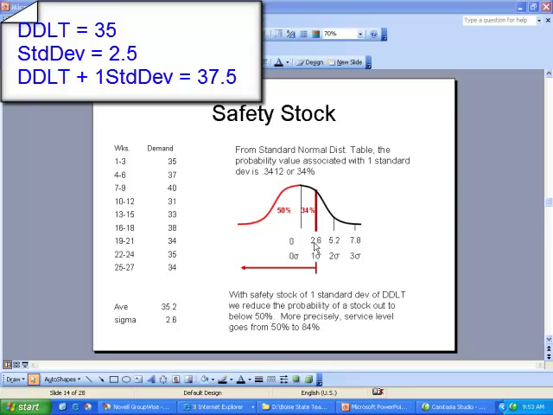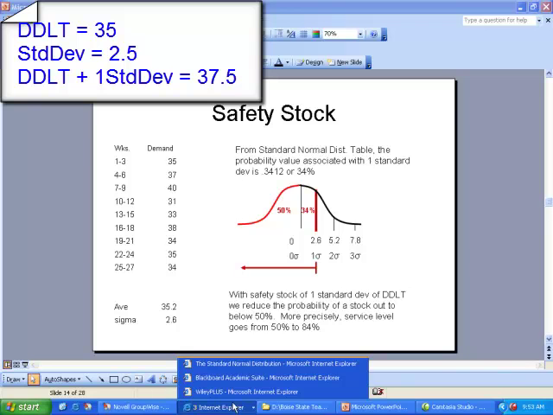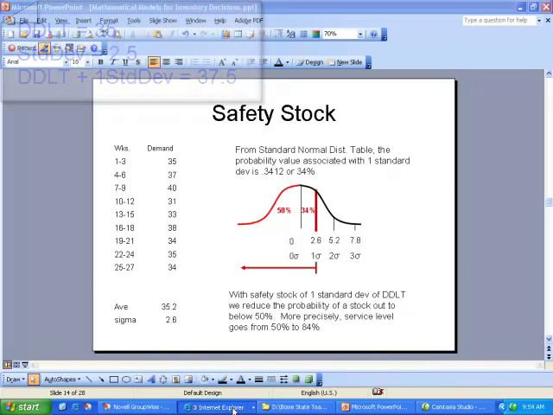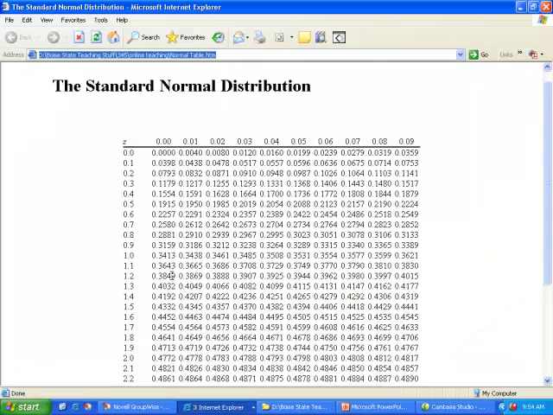Well, to figure that out, we need to refer to our standard normal table, and that's in the appendix to your book. Here's a facsimile of that. We're interested in one standard deviation to the right of the average, and that is indicated by these z-scores here. In other words, everything in this left-hand column is a z-score. We're interested in a z-score of 1, meaning one standard deviation greater than the mean, greater than that midpoint in the distribution.